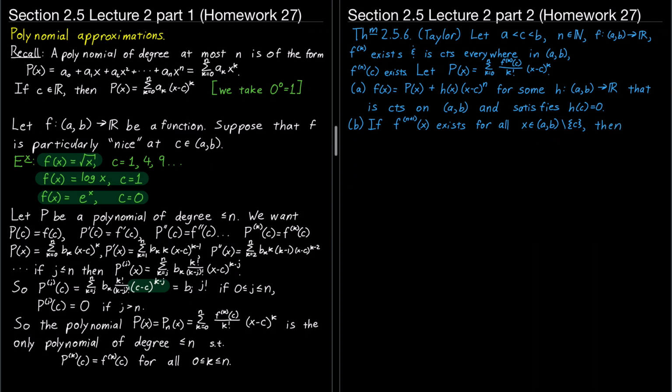then let's write this as: for every z in this interval, there is a y that's between z and c, such that our f of x is p of x plus x minus c to the n plus 1, times the n plus 1 derivative of f at y, over n plus 1 factorial.